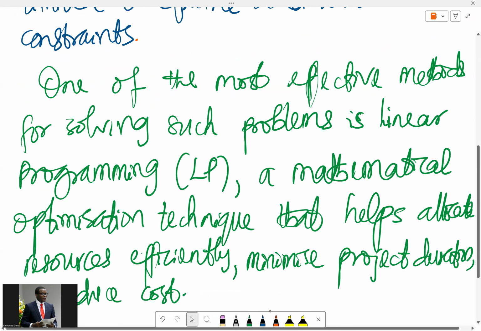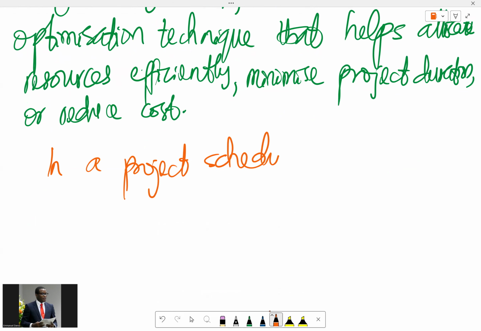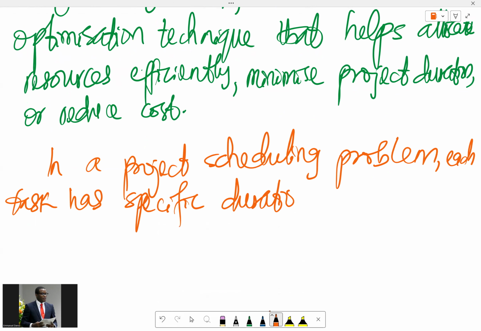In a project scheduling problem, each task has specific duration and resource requirements.